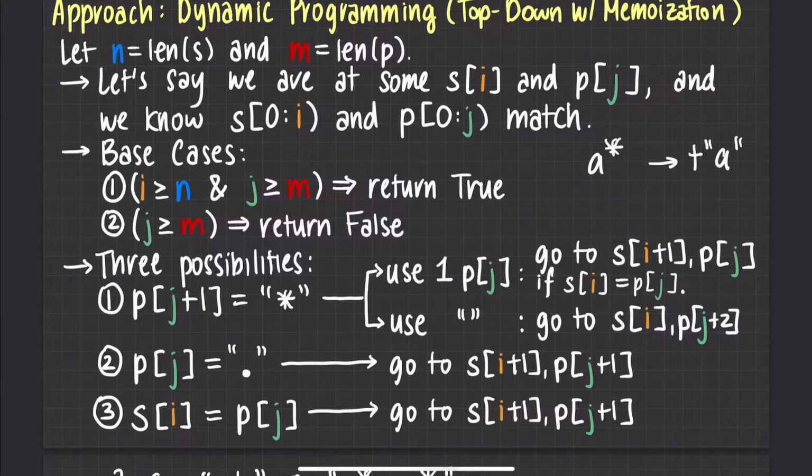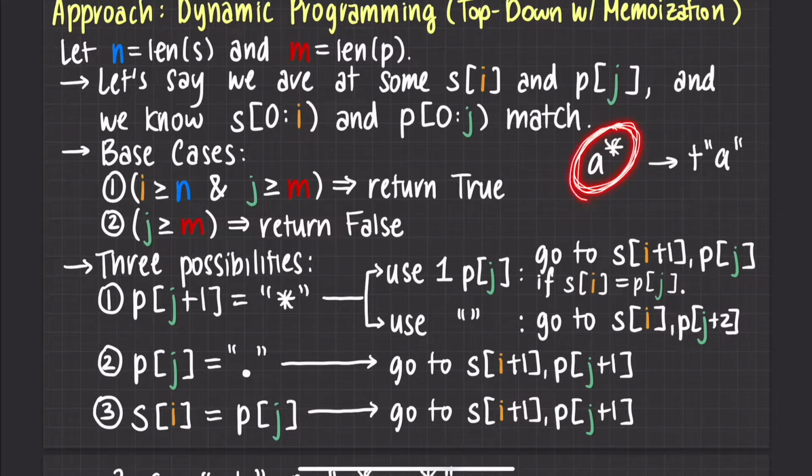Now, if this A is equal to what we're currently at in our string, then what we can do is we can indeed use this way, and we will just advance to I plus 1 and j. The reason being that since we've matched S, we can move on to the next I over. But since we've used one of A, doesn't mean we're done using A yet.